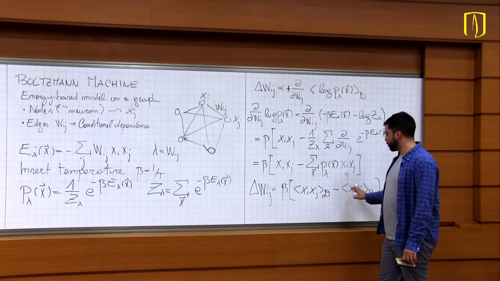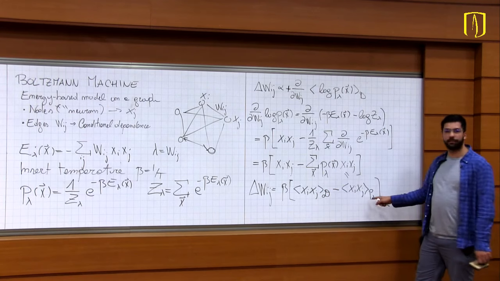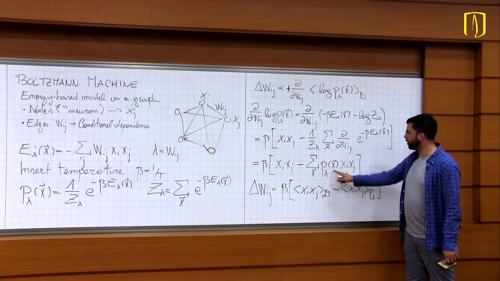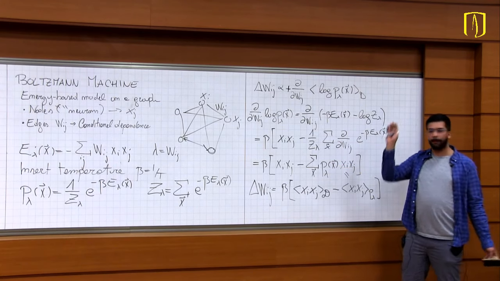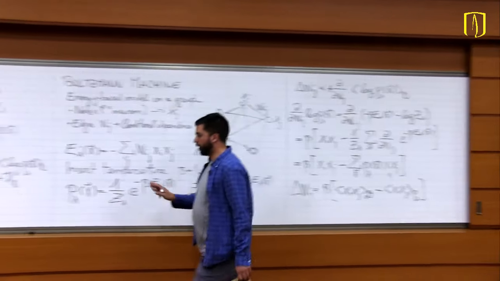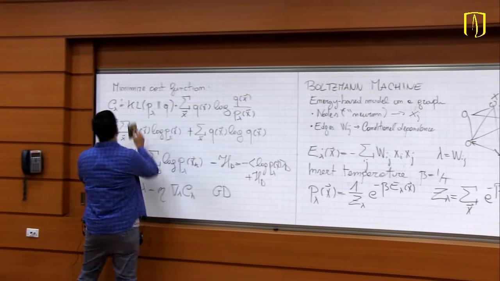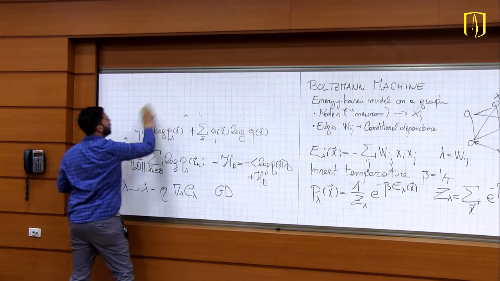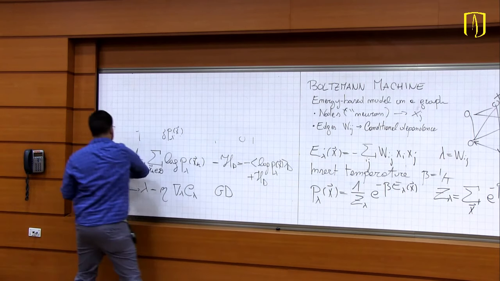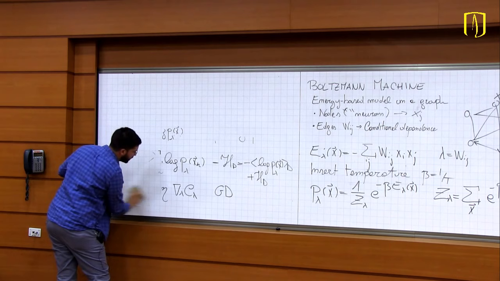So the point is, this is easy to compute, this is hard, because this term here contains the partition function, the sum runs over 2 to the n. And those actually have two different names. It's called the positive and negative phase of the learning. The positive phase is trivial.